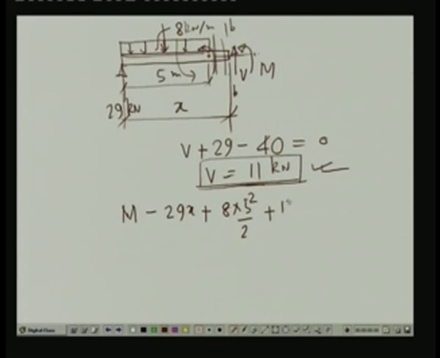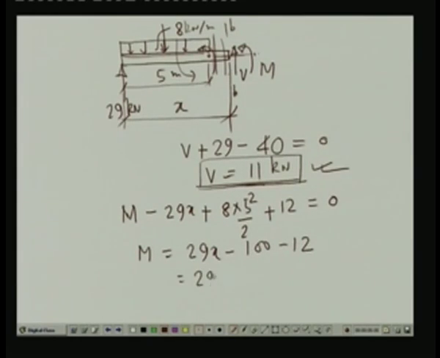So, plus 12, this is equal to 0. Now, from this we have M is equal to 29 x minus 100 minus 12.